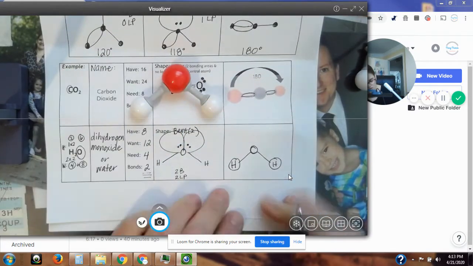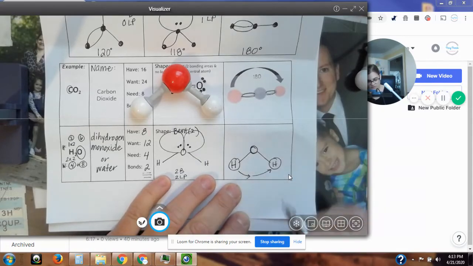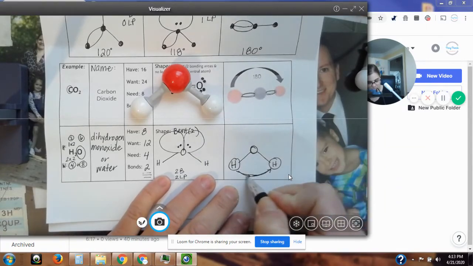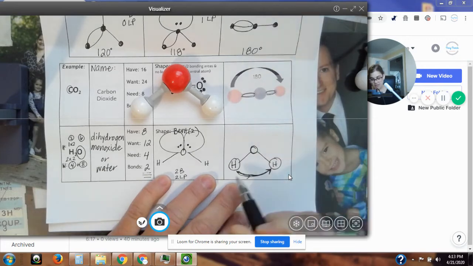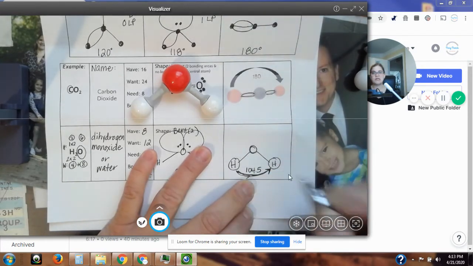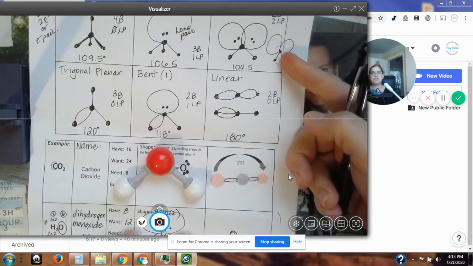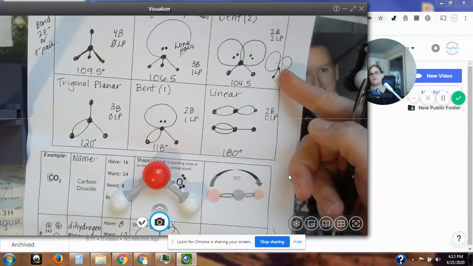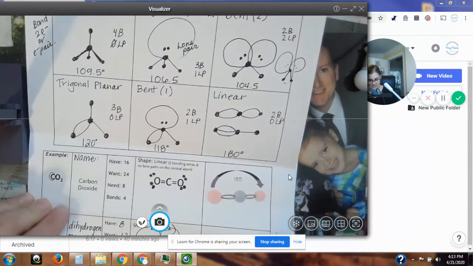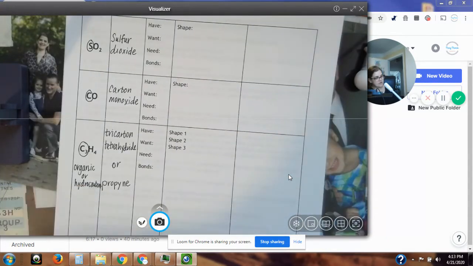But I do want you to put the bond angle. And so from here to here, maybe I'll just do 1 arrow. From here to here, the bond angle is going to be 104.5. And I'm just looking up here at my reference chart that bent to is around 104.5. Okay, let's go on to our next example. Okay, so with our next example, we've got sulfur dioxide.